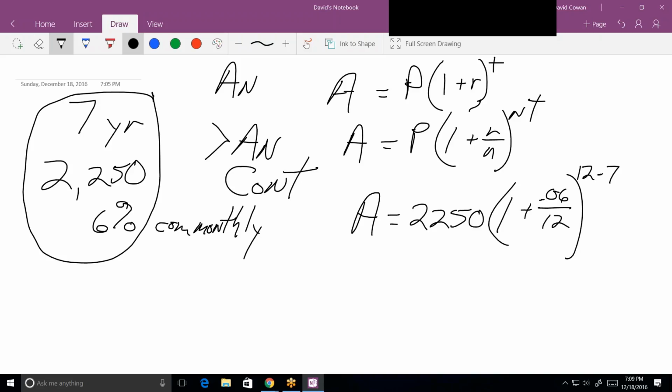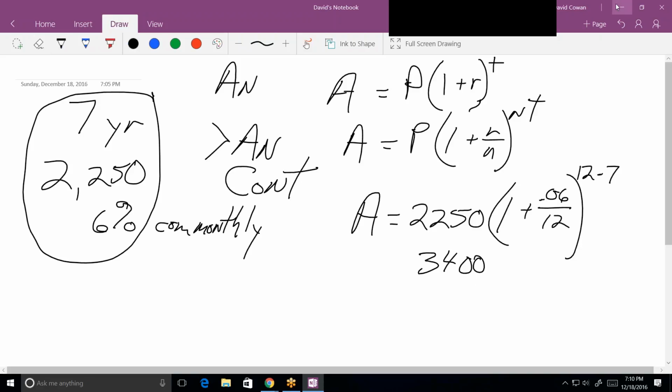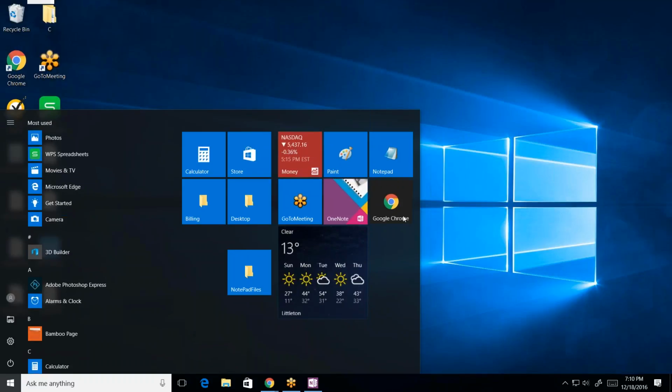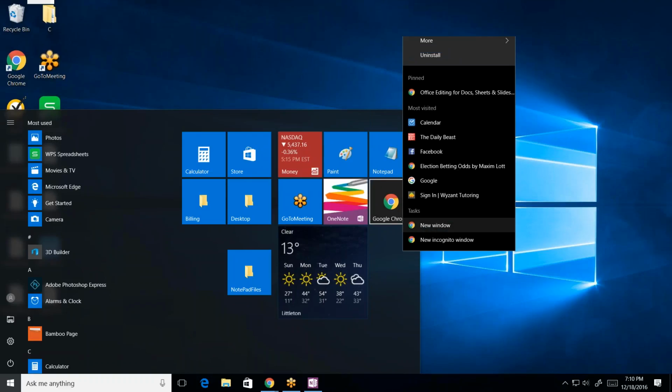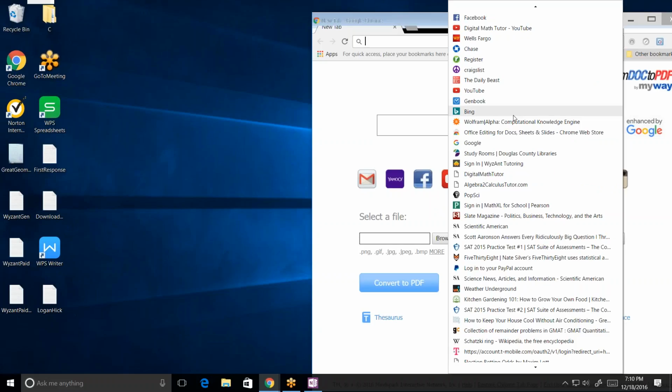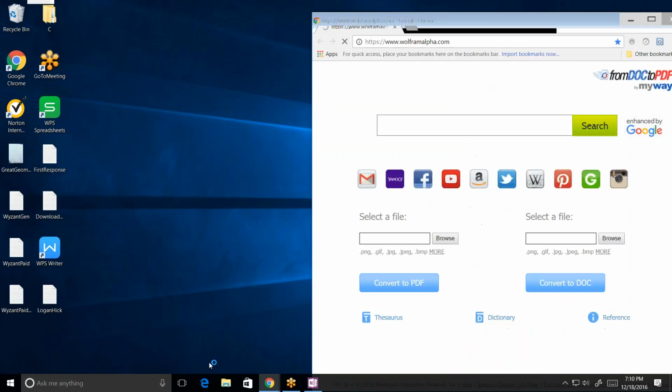It's 3,420.83. Let me just put that into Wolfram Alpha, because I had always heard my whole life that if you could get 6% on your money, you double it every 7 years. So I'm surprised this doesn't come out to be closer to double.